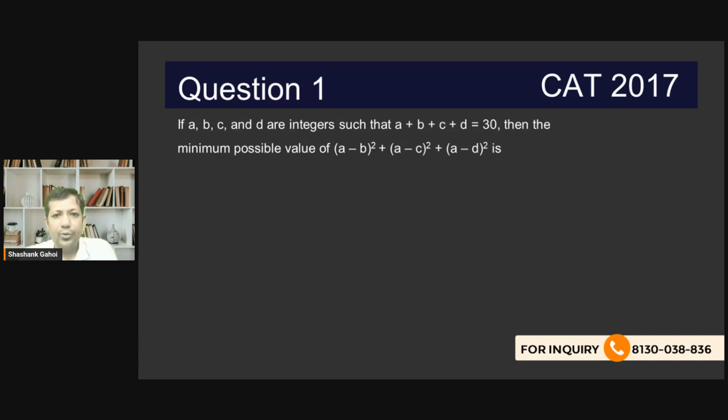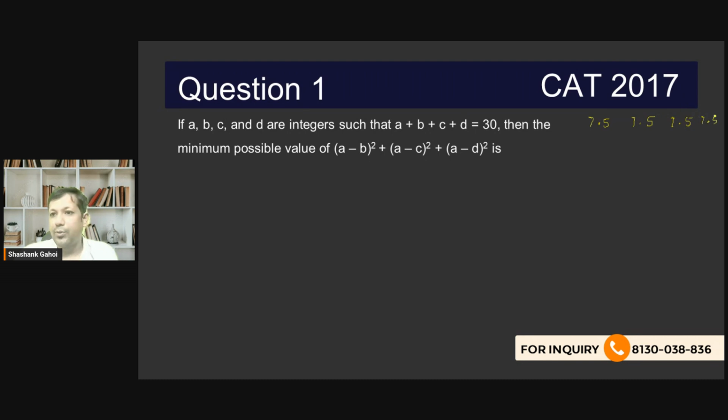So what am I going to think of? Okay, what does it say? A plus B plus C plus D is 30. What is the minimum possible value of that? So I'm going to think that all the values are equal. So each number should be 7.5, 7.5, 7.5, and 7.5. But can I actually do it?